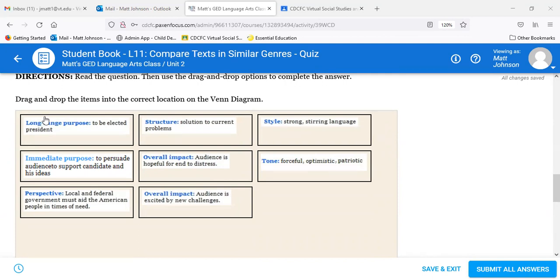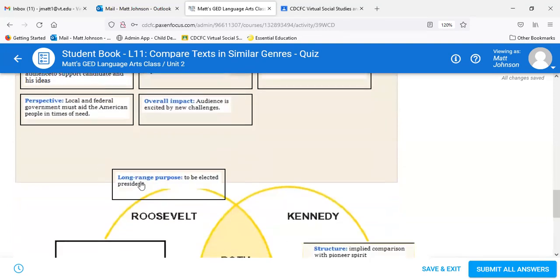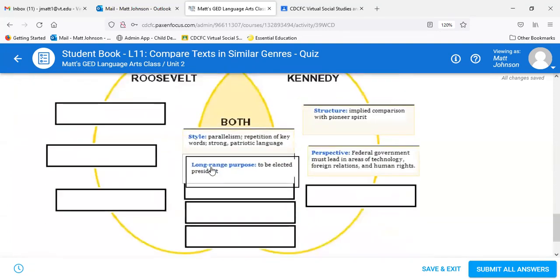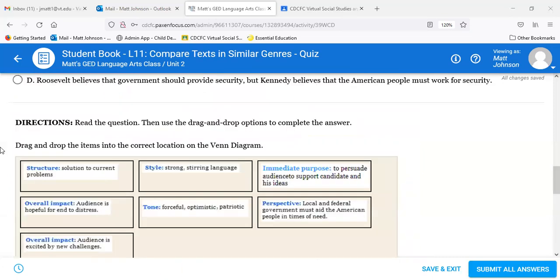What's the purpose of their speech in this case? They're planning on being, or they're attempting to be elected as president. Of course, we know that they both are, but that is the idea, right? That's the long range purpose here, is to get nominated for, or I'm sorry, get elected as president.